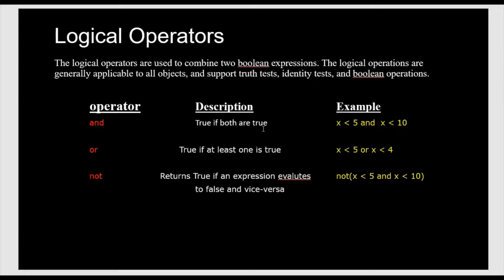And the logical operators. There are three types of logical operators: and, or, not. Where and is true if both given conditions are true. Here the example is x greater than 5 and x greater than 10. If I pass x equals 2, then check whether 2 is greater than 5 and 2 is greater than 10; if both conditions are true, the and operation works. With or, at least one condition must be true for the or operator to work. For example, x greater than 5 or x greater than 4.